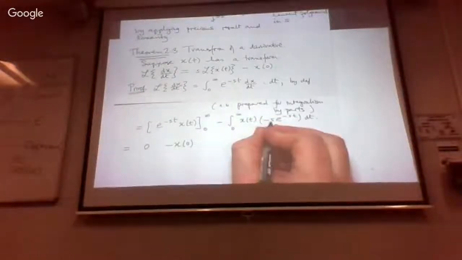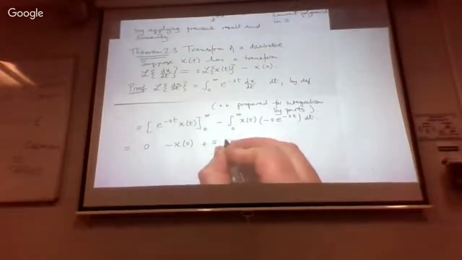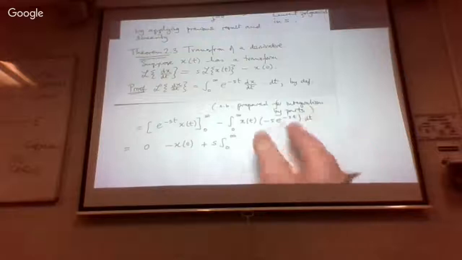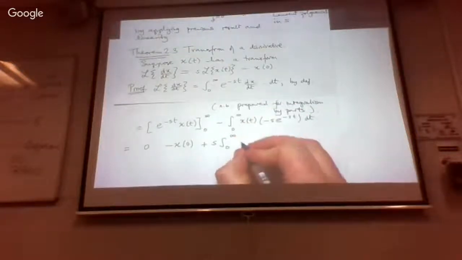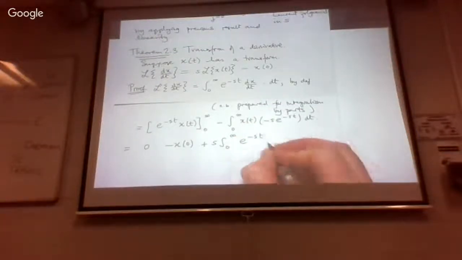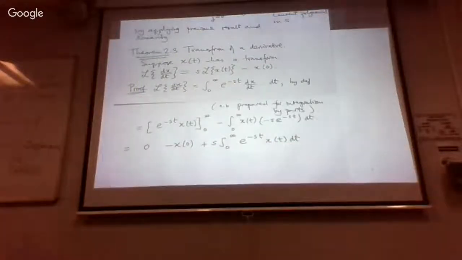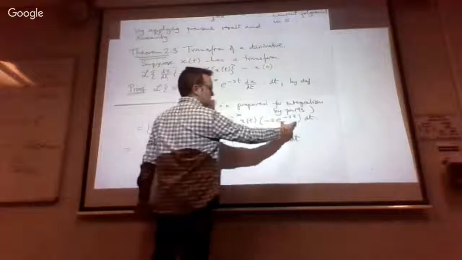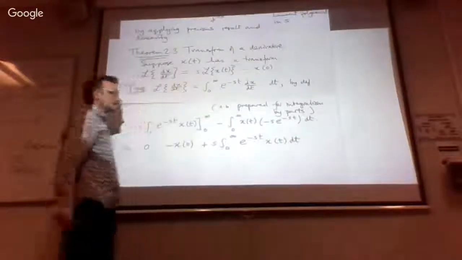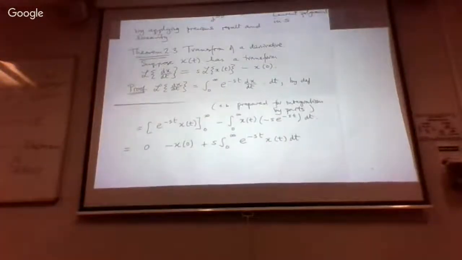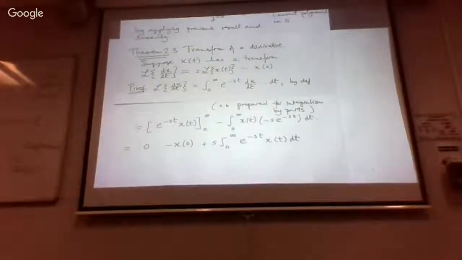So it's minus minus s, in other words, plus s. And what's left behind, we'll just change the positions to make it look more familiar, is the integral of this exponential e to the minus st multiplied by x of t. So in other words, it's exactly the Laplace transform of x of t.